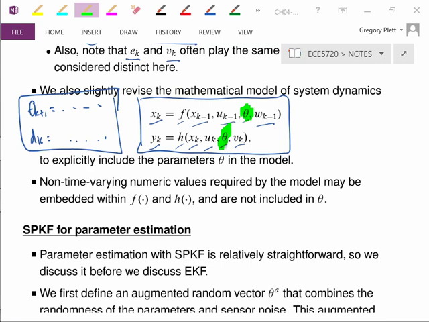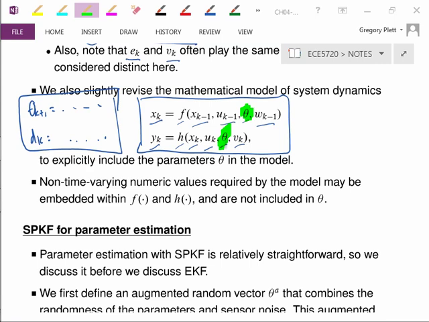Any non-time-varying numeric value, any strict constants, we can simply embed within f and h, and we don't estimate those. So if our sample period is always 1 second, our delta t would always be 1 over 3600. We don't estimate that. We just put the 1 over 3600 in the model, for example.